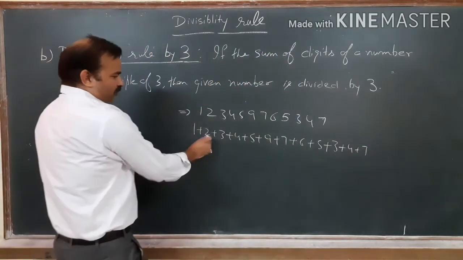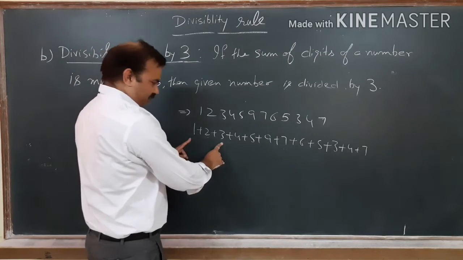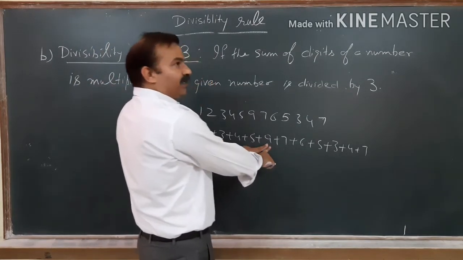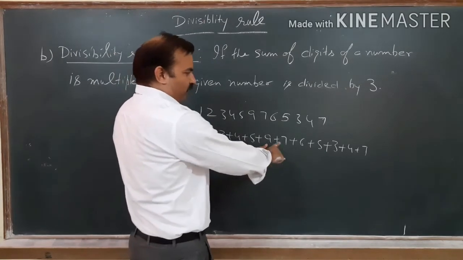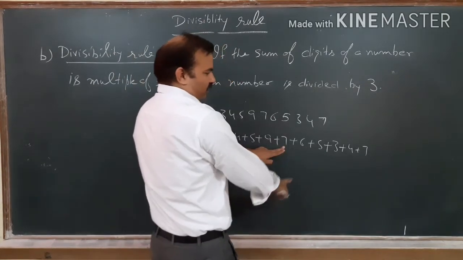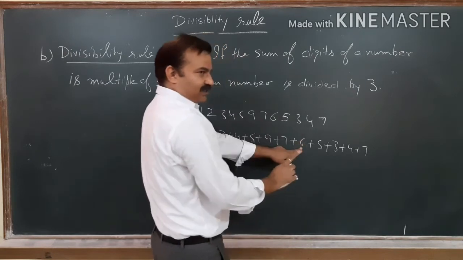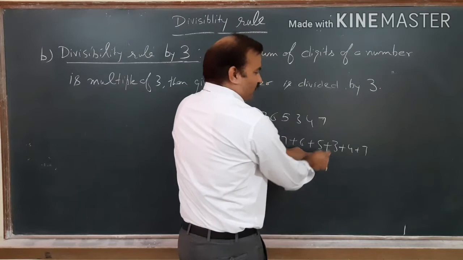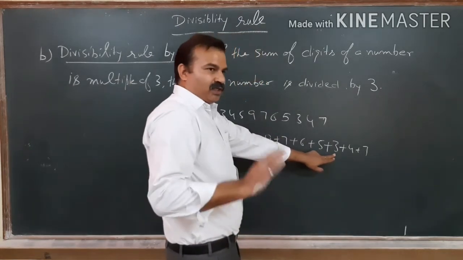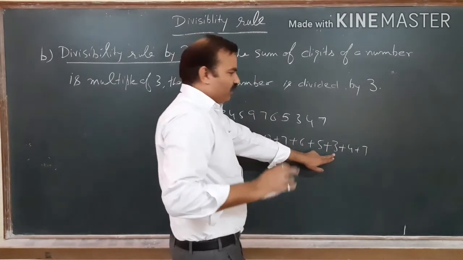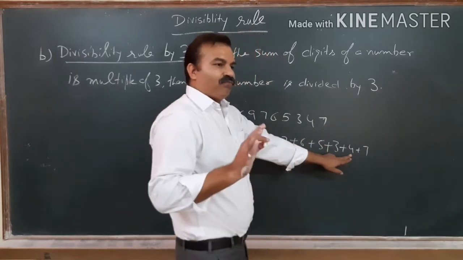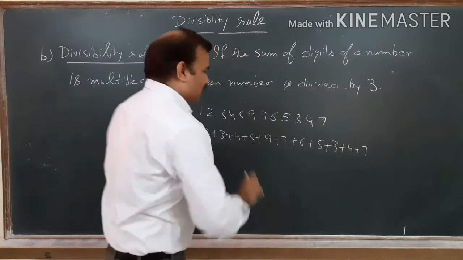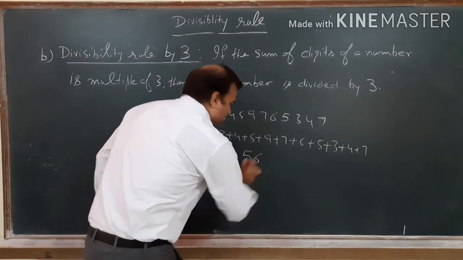Now 2 and 1, 3, 3 and 3, 6. 6 and 4, 10. 10 and 5, 15. 15 and 9 gives 24. 24 and 7, 31. 31 and 6, 37. 37 and 5, 42. 42 and 3, 45. 45 and 4 is 49. Now 49 plus 7 is 56.